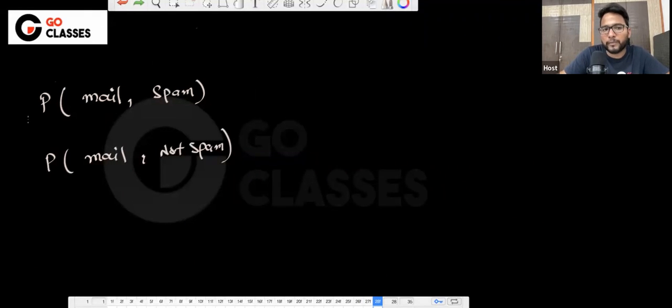Suppose for a particular mail, this is mail 1, this probability is 0.1 and this probability is 0.9. The sum has to be 1, so it is 0.9. So this is 0.1, and this is 0.9.